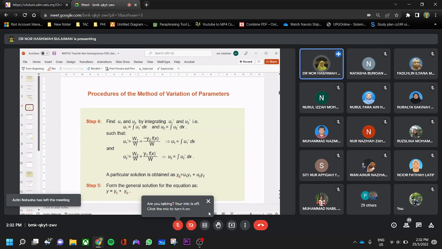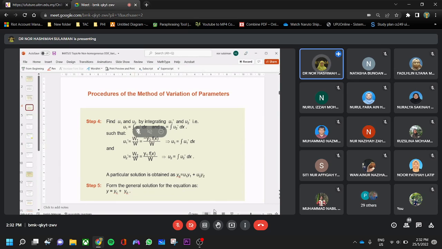U1 prime adalah ratio of the W1 and W2. Maknanya Wronskian 1 tadi bahagikan dengan Wronskian yang asas, you all akan dapat U1 prime. In order for us to be able to solve for U1, we need to integrate the U1 prime dx, right?